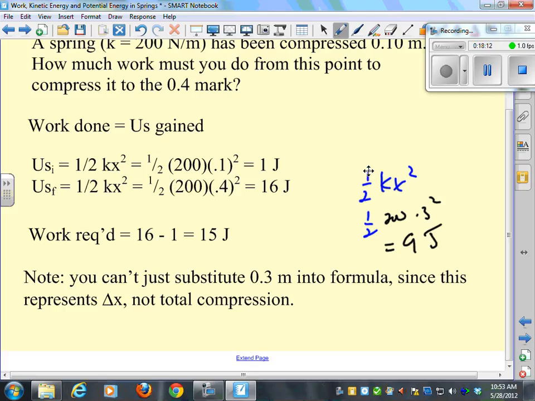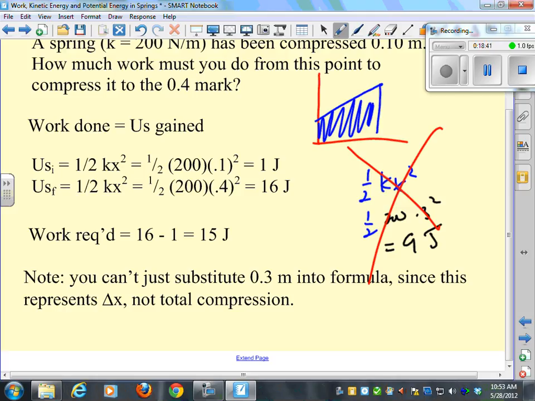So doing it this way would have been wrong. You can't subtract the distances. I just showed it to you. It's because the last 10 centimeters takes more force than the first 10 centimeters. And in fact, if you were to look at it from a graphical standpoint, the graph would have been like this, and so you're actually finding the area of a trapezoid. So don't do that.